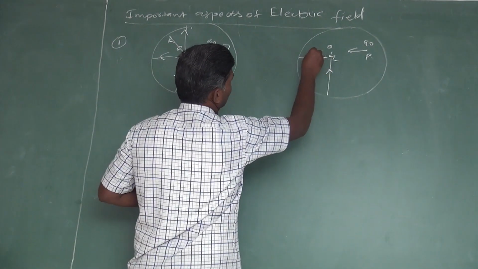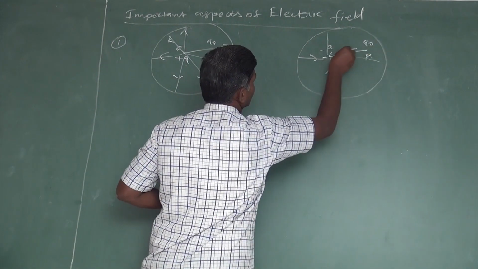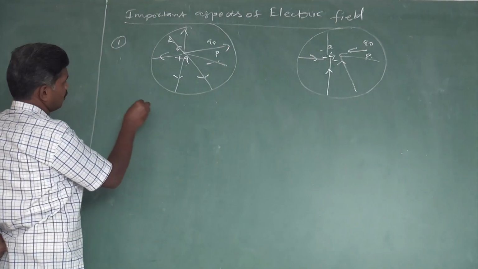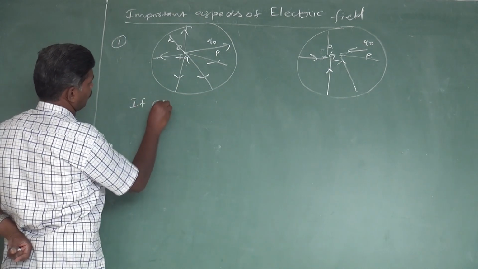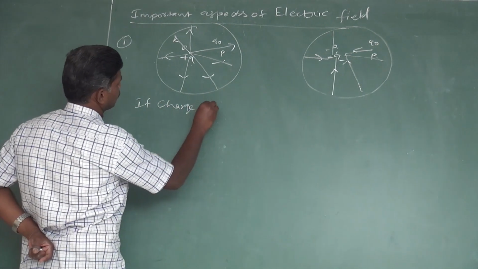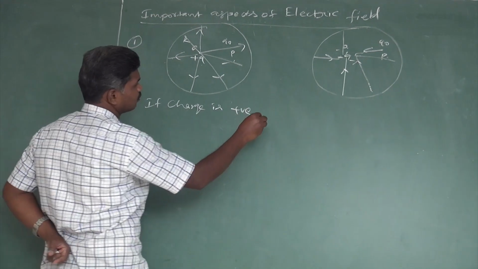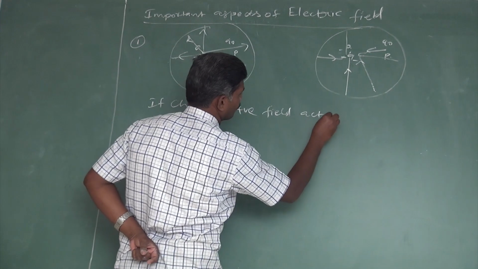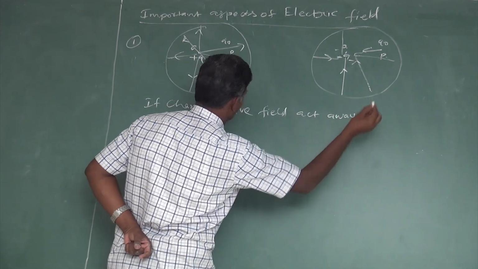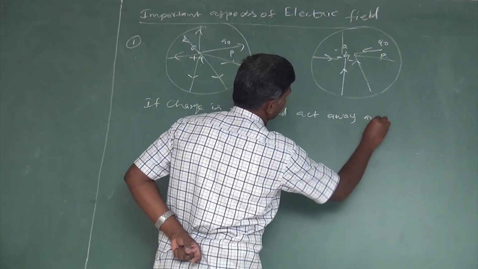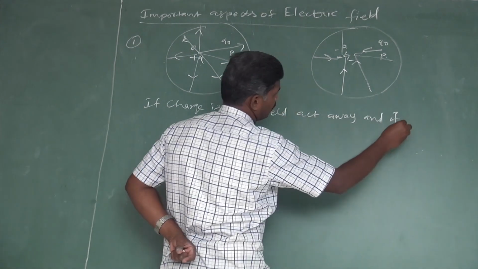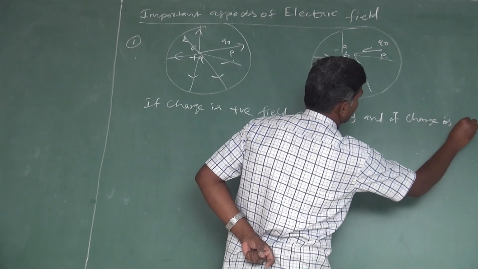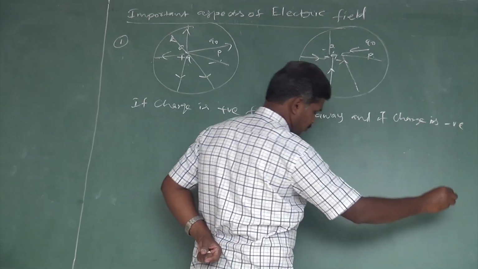For a negative charge, the field acts towards it. This is the first feature of the electric field. If the charge is positive, the field acts away, and if the charge is negative, the E vector acts towards the charge.